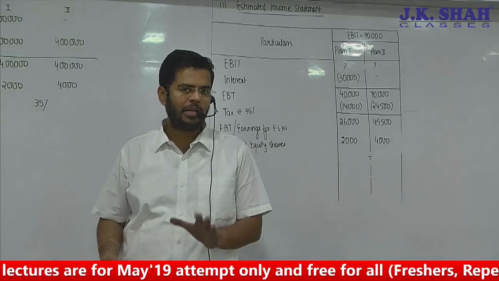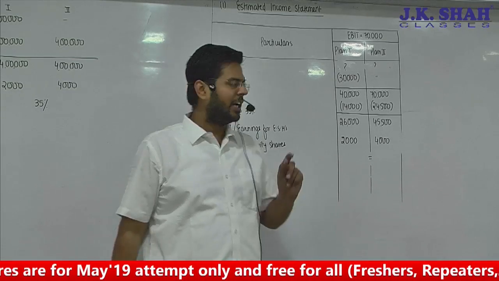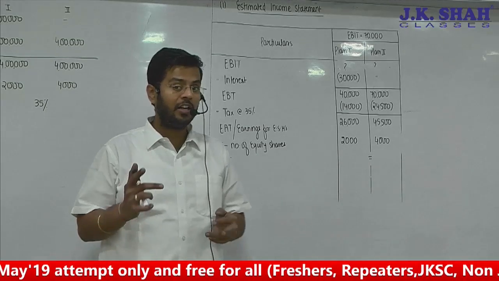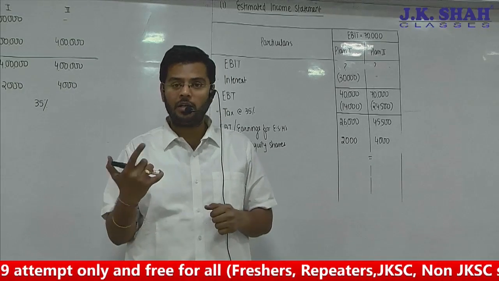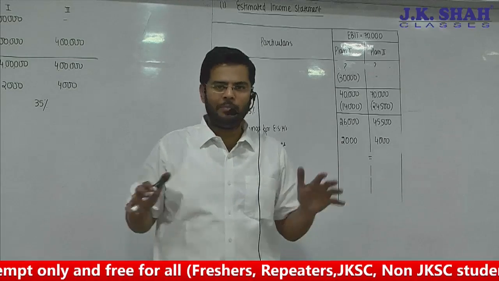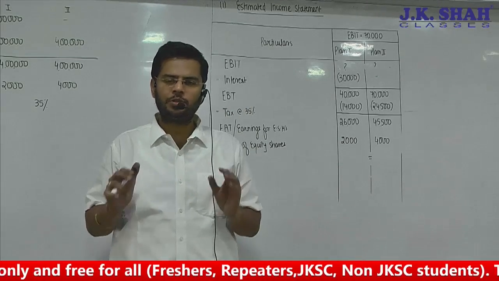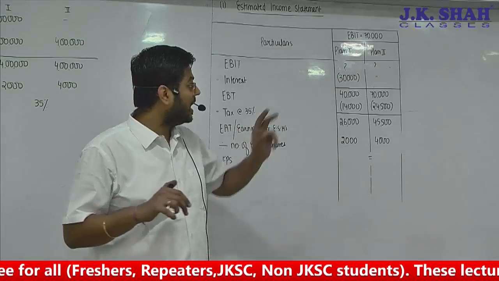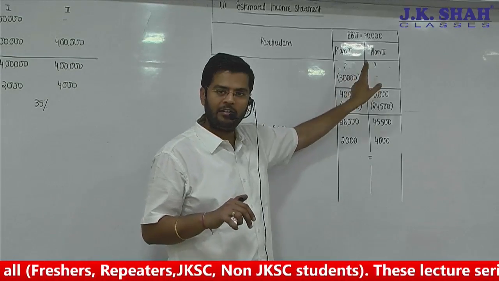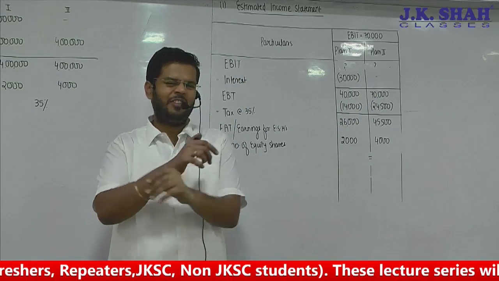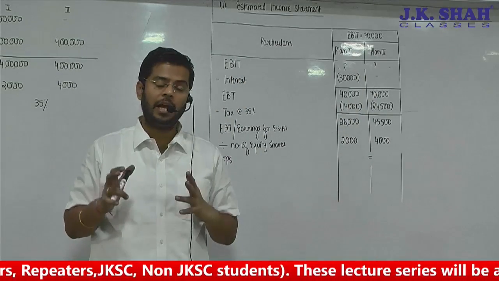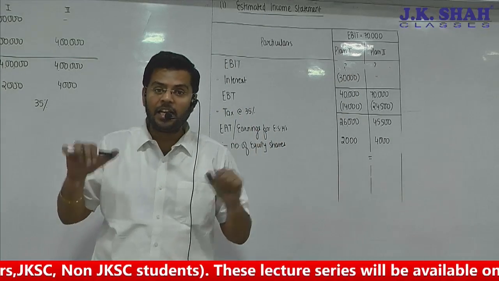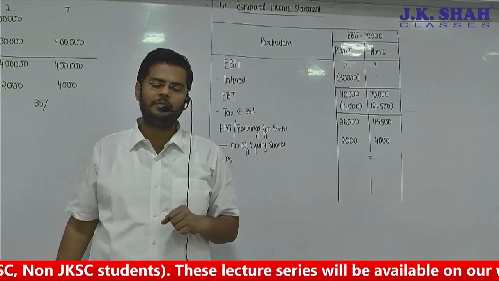Are you getting what I'm telling you, friends? When it was 70,000, our EPS was different. We were selecting plan 1. But now I am telling you, my answer should be go for any plan. So the level of EBIT where my answer comes, sir, we are indifferent, sir, go for any plan, that level of EBIT is technically called the indifference level.